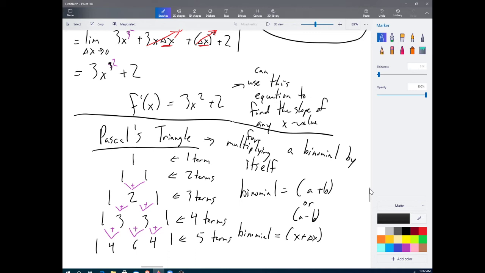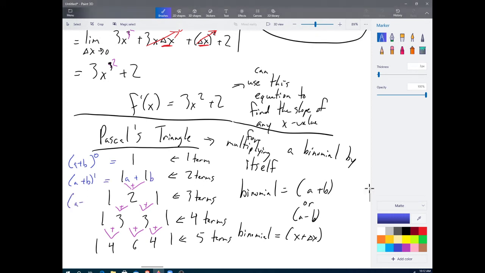Now, what's convenient about this, and I'm not expecting you to become a pro because I'm going through this pretty fast, is this would be your binomial to the 0th power. It would equal 1. Your binomial to the first power would equal just that.